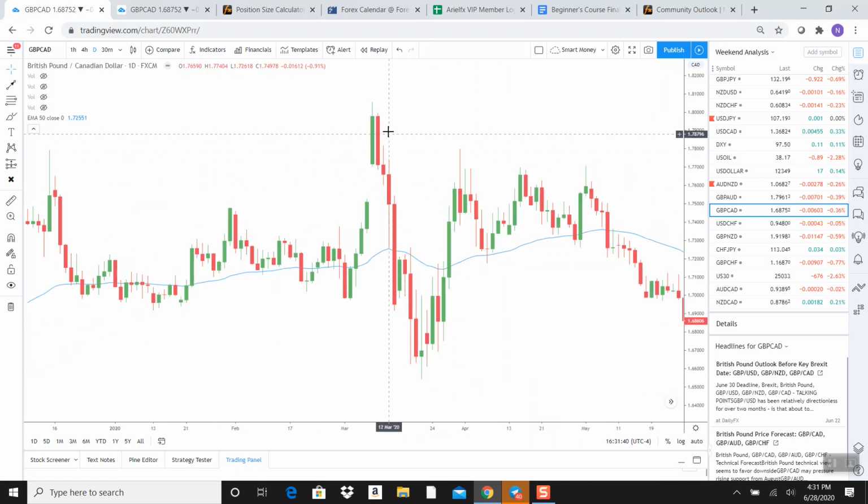This is also the same thing as a railroad. So a railroad is one that closes at the same point where it opened. So we closed here, and we opened here. That's just how candles work. But then it closed back where it initially opened. All right, so it's like a parallel line. You can kind of see the same distance. Obviously when you close here, you have to open here.